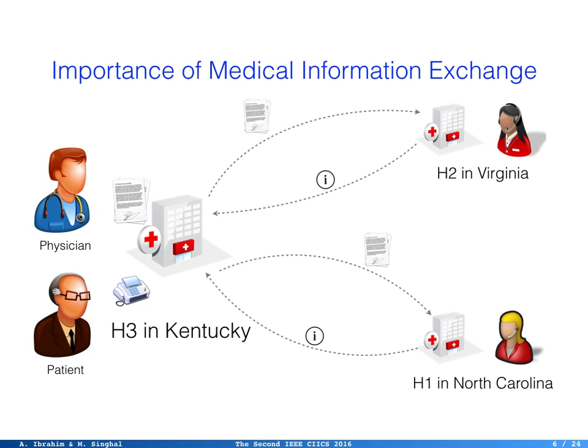The process described has three main drawbacks. First, even if the requesting healthcare provider and the provider holding requested medical information, such as H1 and H2, are operating normally, the patient will be required to wait until the medical information is received back.